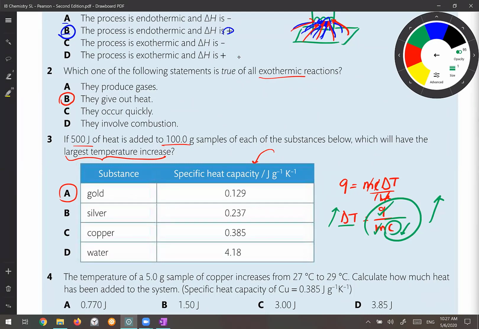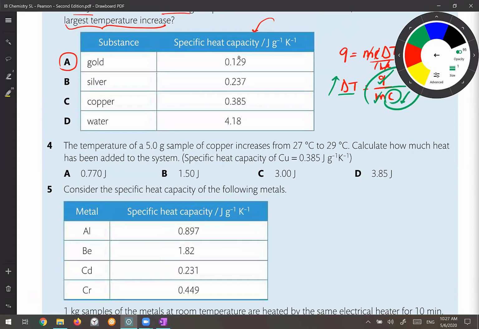Question number 4. The temperature of a 5-gram sample of copper increased from 27 to 29. Calculate how much heat has been added to the system. So look, the temperature of the system is increasing. So it means the heat is added to the system. Okay, we are not measuring the temperature of surrounding here. Here we are measuring the temperature of the system.